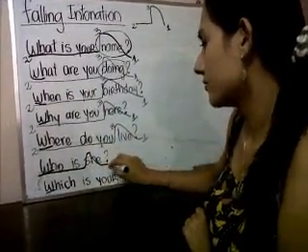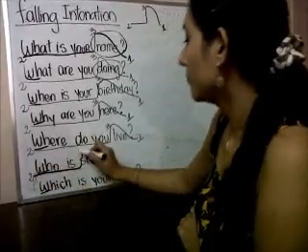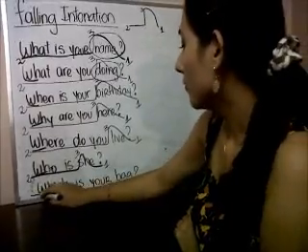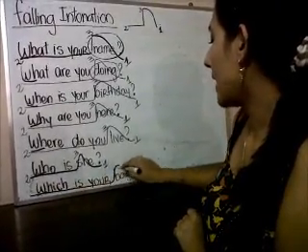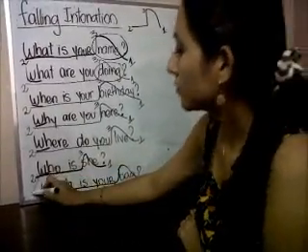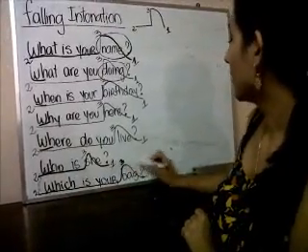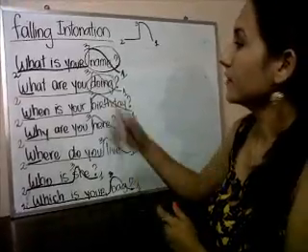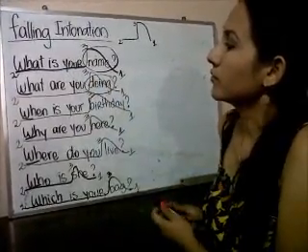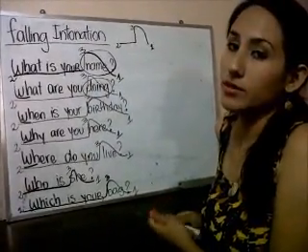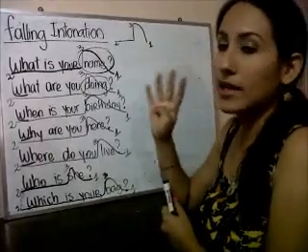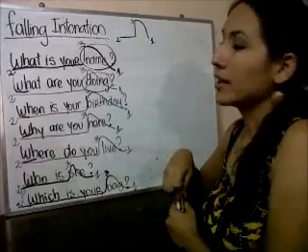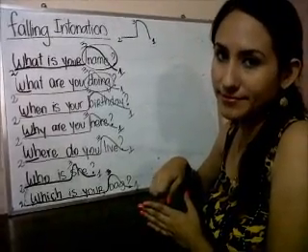Who is she? 2, 3, 1. Which is your bag? 2, 3, and 1. Remember, falling intonation is used in WH questions with 4 elements, and the stress falls in the last word.